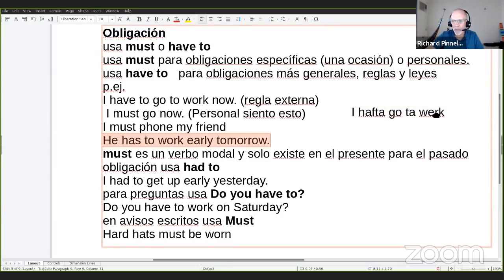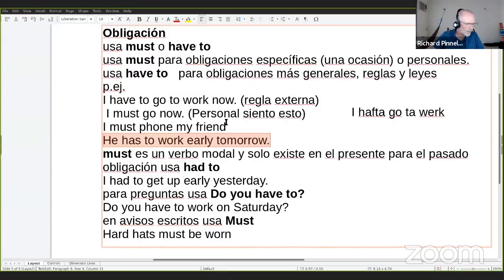He has to work tomorrow. Again, escucha la pronunciación. It's more like has to. He has to work early tomorrow. Ingrid. He has to work early tomorrow. Good. Israel. He has to work tomorrow, early tomorrow. Good.